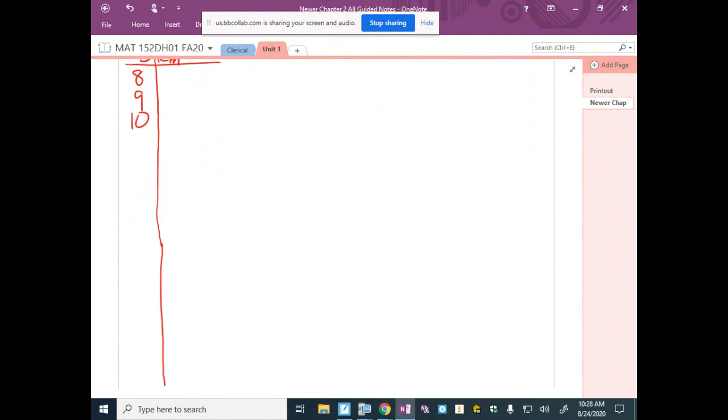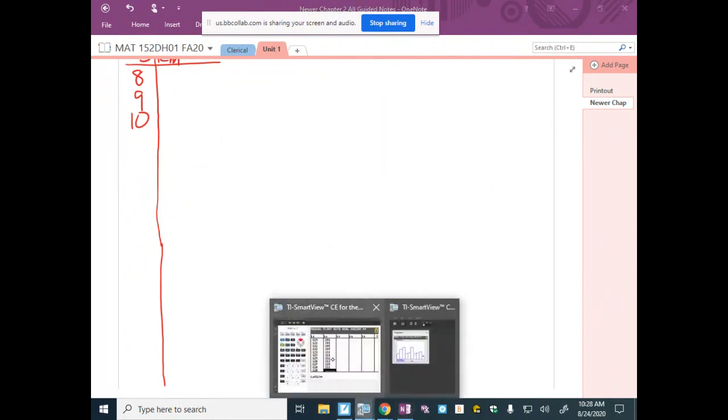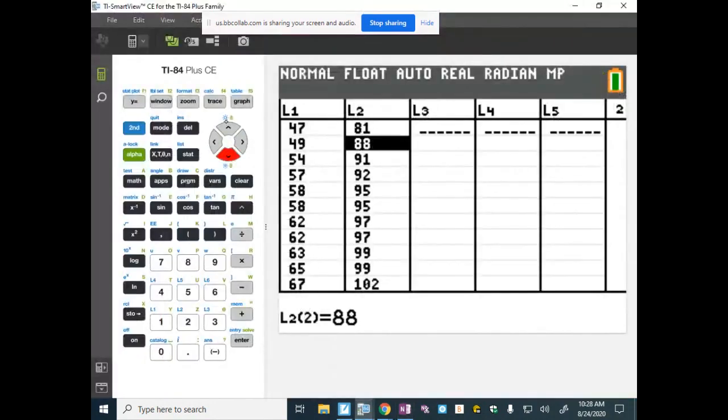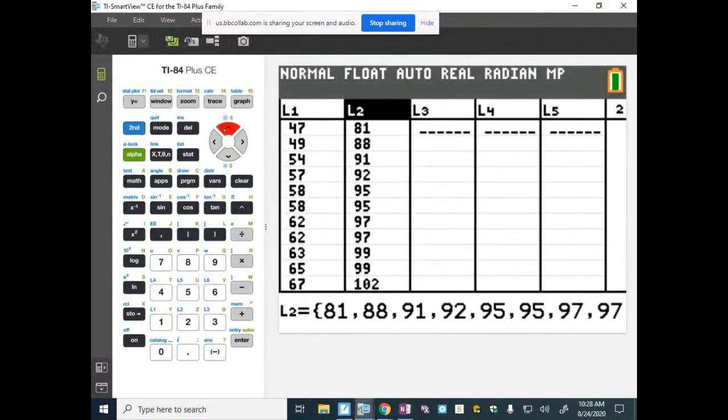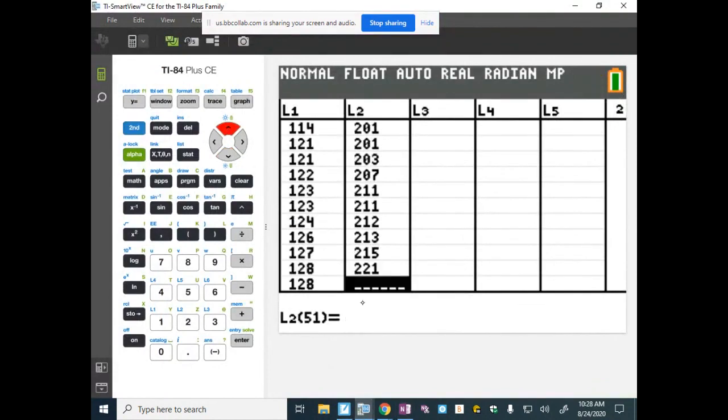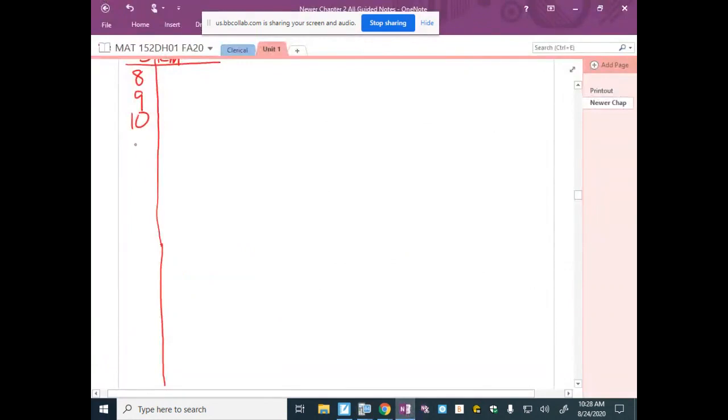Our stems would start with 8, because our smallest value for that set of data was 81. And our largest was 221. So we're going to take it all the way down to 22.